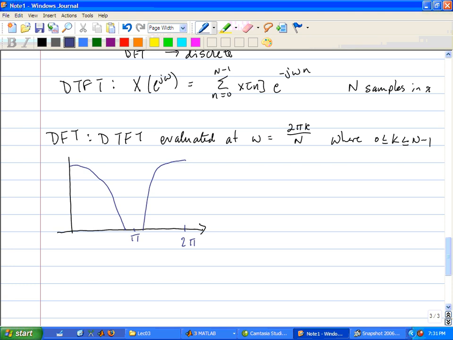There's your DTFT. So now, let's say I started with a 5-point sequence. Which means now that I want capital X of k to be a 5-point DFT.